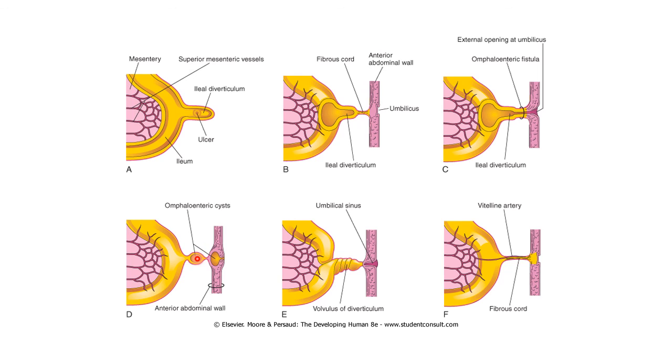And when its central portion remains as a cyst-like structure, then we label this as omphaloenteric cyst, and its proximal and distalmost portions are going to become fibrosed. Along with that Meckel's diverticulum, the small intestine can also show the volvulus, and it is also leading to the twisting of the Meckel's diverticulum. So this is the volvulus of the Meckel's diverticulum.